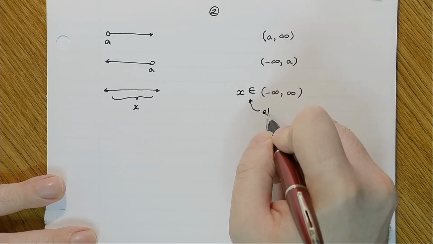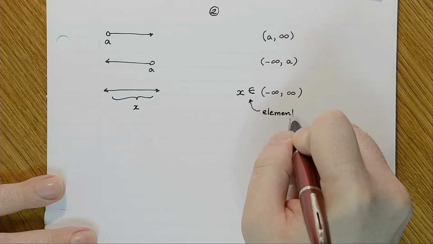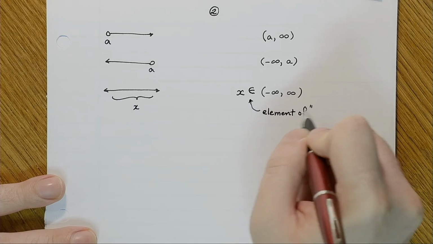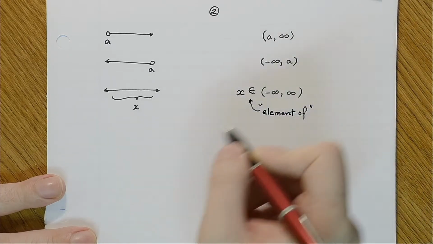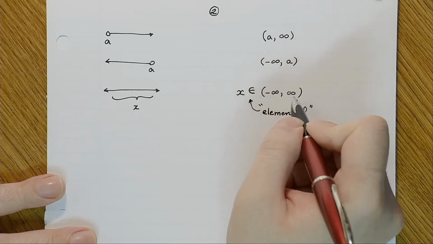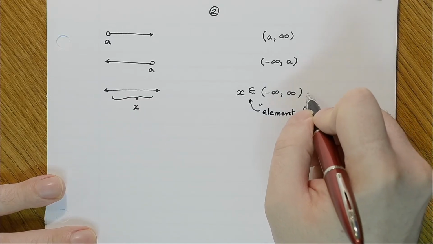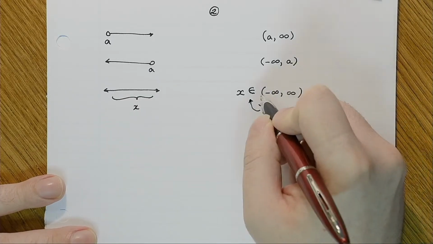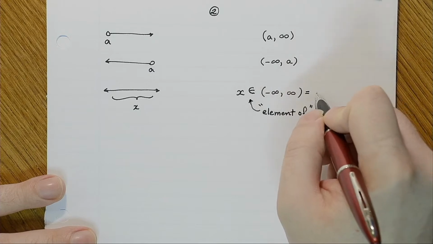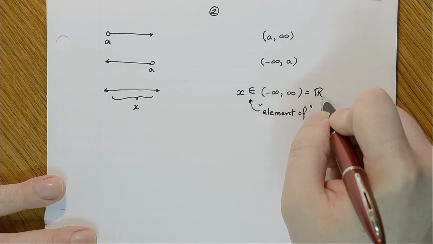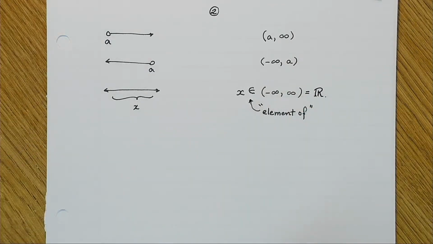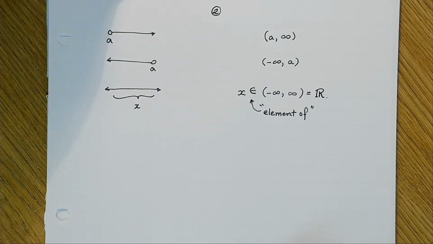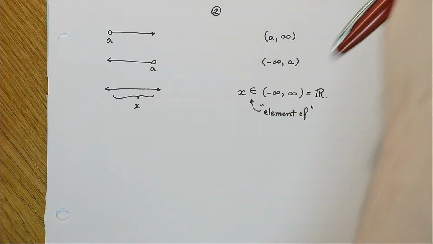It means that it is an element of the interval from minus infinity to infinity, or equivalently, some people might say it's over the entire real line.